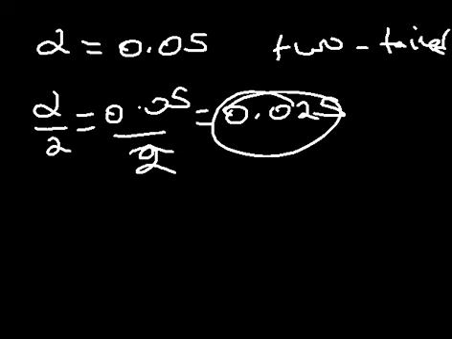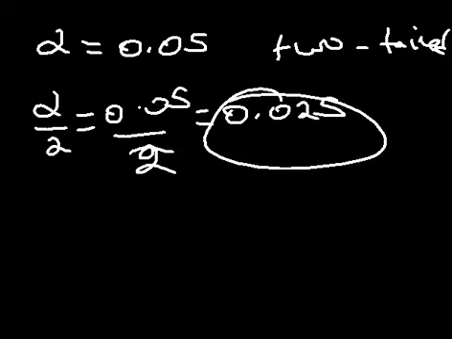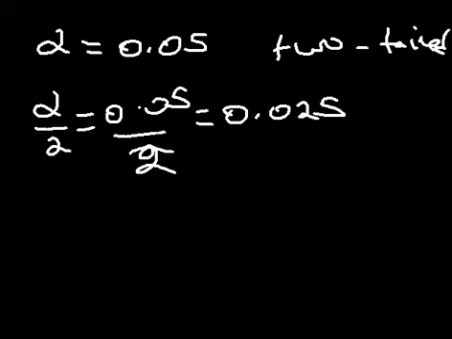So we'll go to the table and look for the value corresponding to 0.025 to get the critical value. Now there is nothing to subtract from 1 because that is a two-tailed test, so it is on either side. So we have the exact value 0.025.